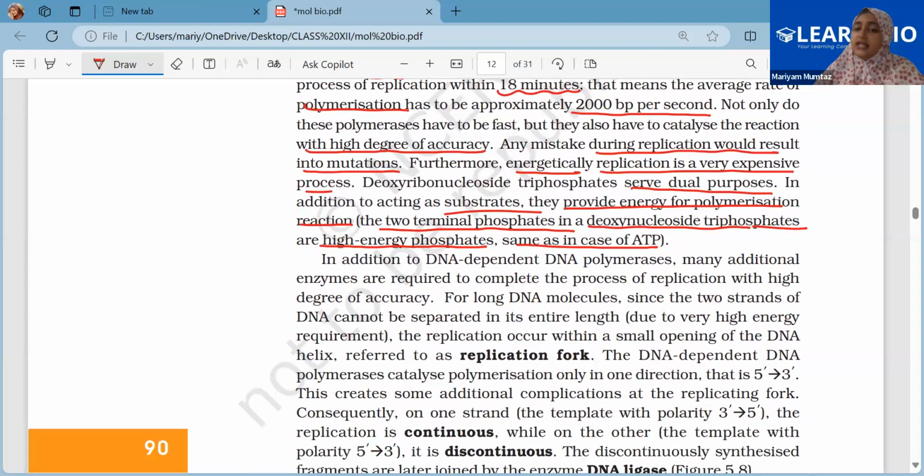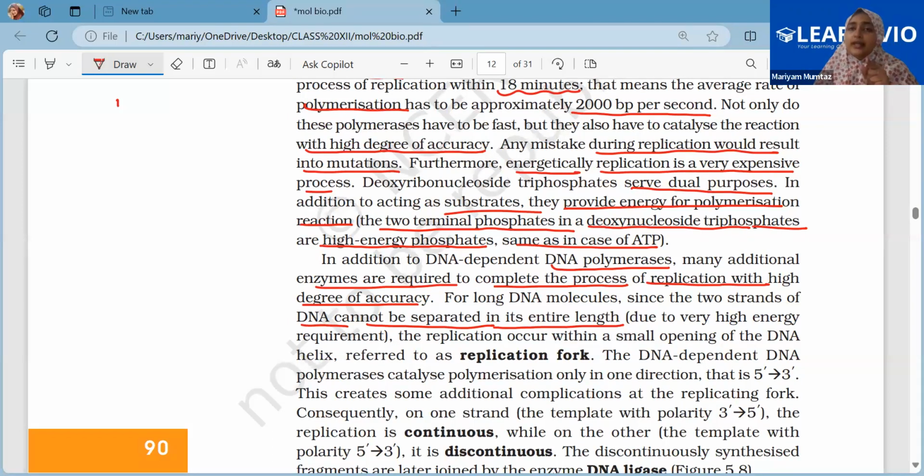In addition to DNA-dependent DNA polymerases, many additional enzymes are required to complete the process of replication with a high degree of accuracy. For long DNA molecules, the two strands of DNA cannot be separated in their entire length, because we know that the DNA is 2.2 meters, right?